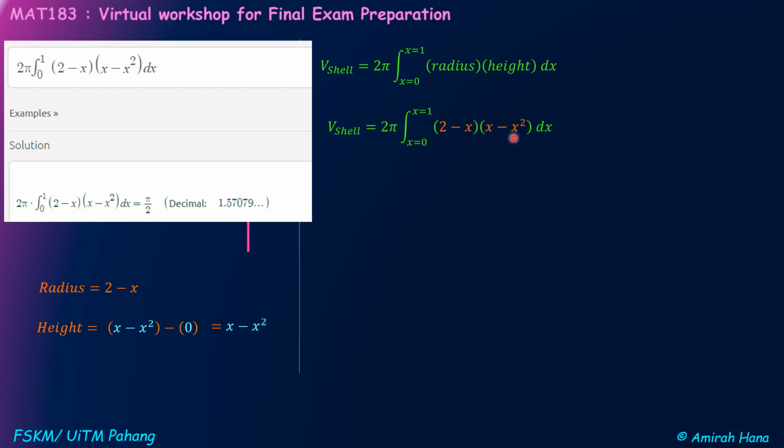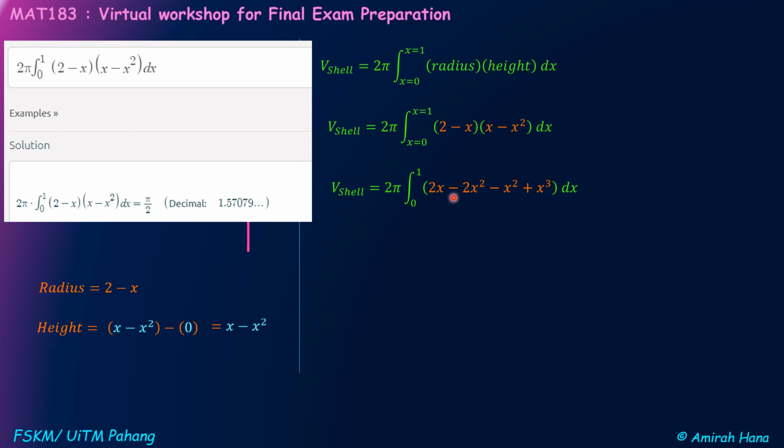Right, from here, after we set up the formula for volume by shell, we need to expand this. Okay, after we expand, we get 2 pi integrate from 0 to 1. We multiply 2 and x minus x squared, so we get 2x minus 2x squared, and then we multiply negative x and x minus x squared here, so we get minus x squared and then plus x cubed.